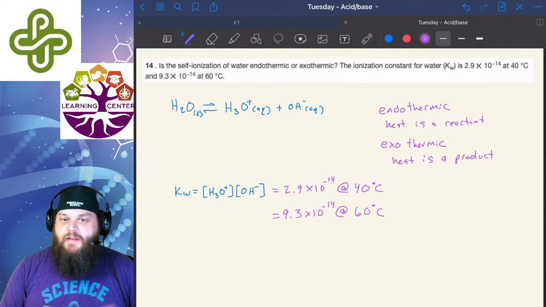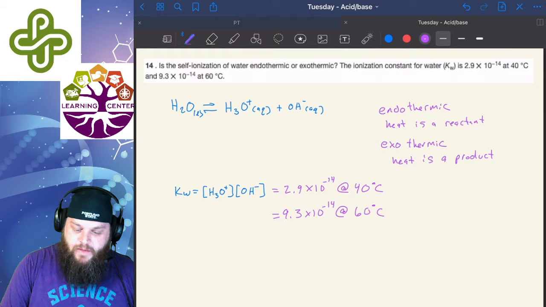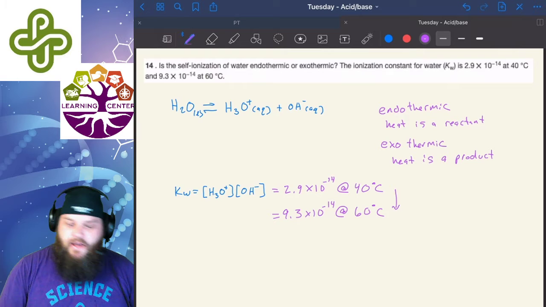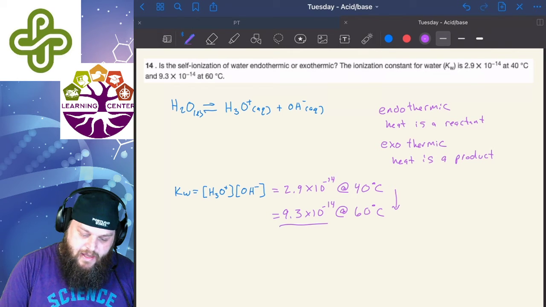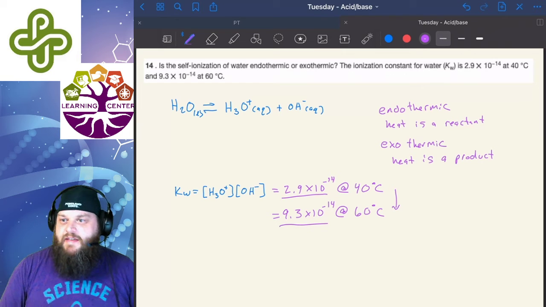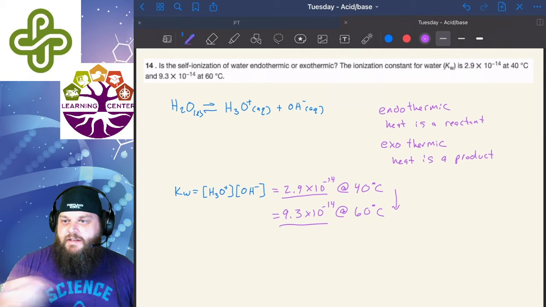So the way I would test this is, we're increasing the temperature from 40 degrees to 60 degrees, and we can compare those Kw values and see which one's higher. In this case, the 60-degree one is going to be higher than the 40-degree one, which means that as you add heat, the Kw value is increasing.